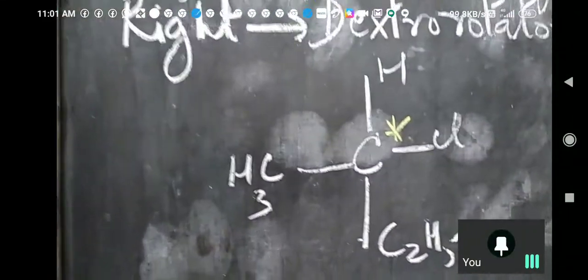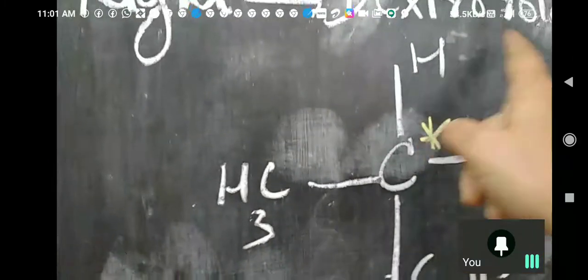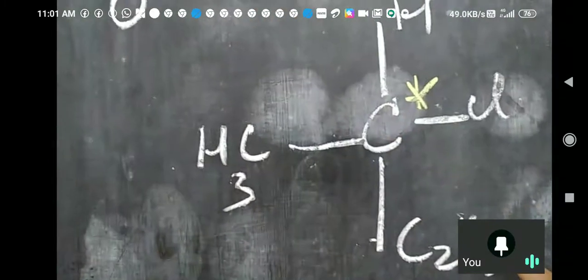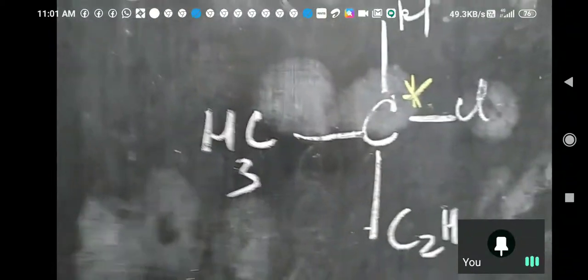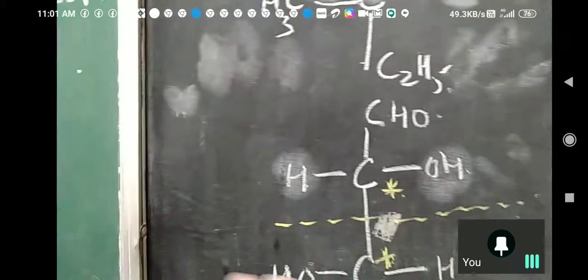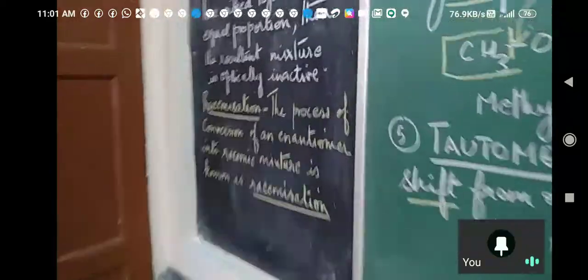This one will show. This one will show. Because I cannot divide the molecule into two equal halves from anywhere, even if I cut it like this. But here, if I cut it like this, I can get two equal halves. Second molecule will not show.